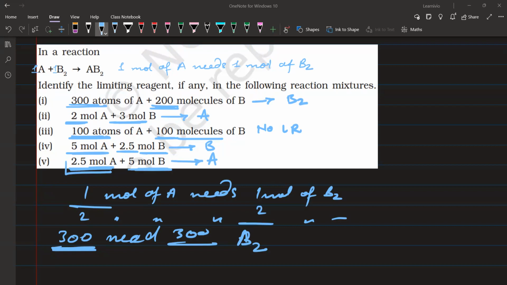Saima, can you please turn your mic on? थोड़ा सा आप explain करेंगे, like in the reaction itself, it is atom of A and molecule of B, na? Yes, Saima, you understood now? Yes, sir. Okay.